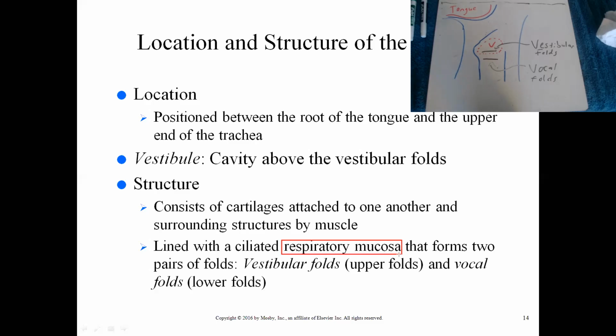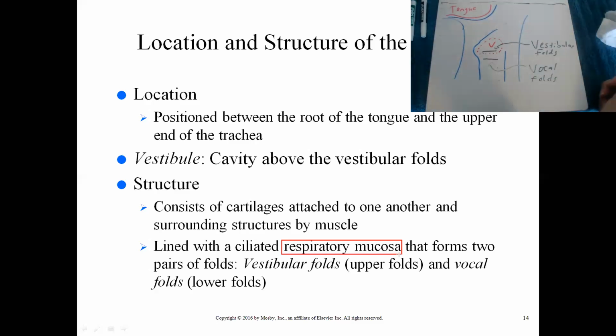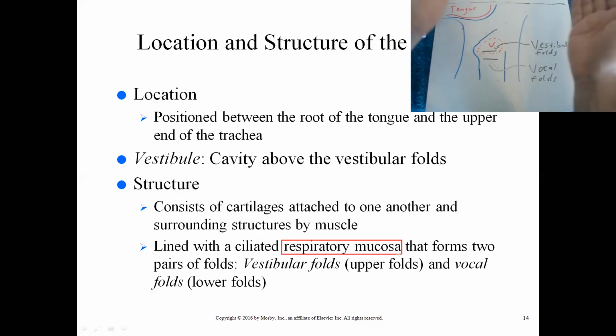Now these folds come in from each side of the larynx. And there's a couple things that they do. One thing, the folds can close the larynx, so they can literally come from either side and close.